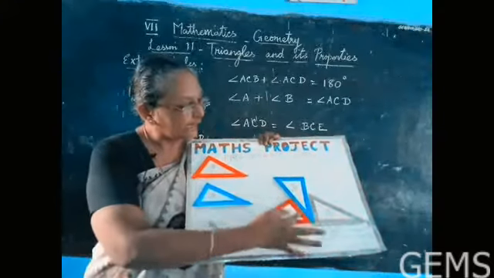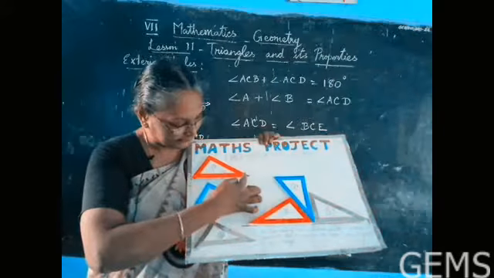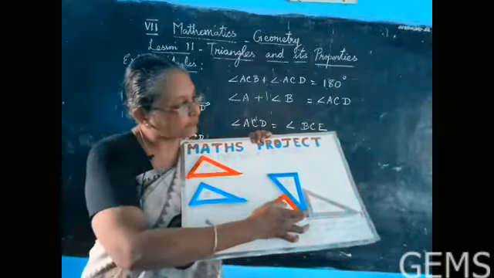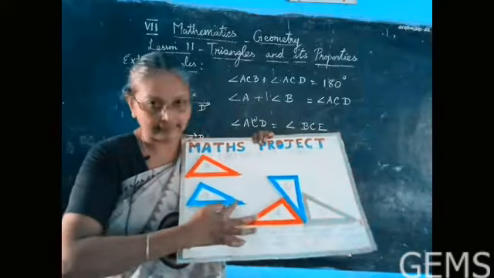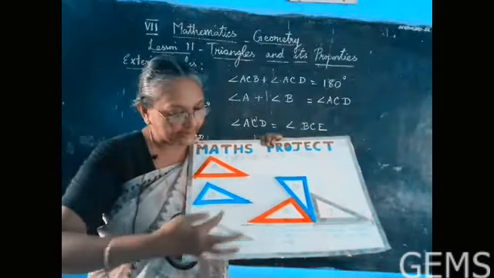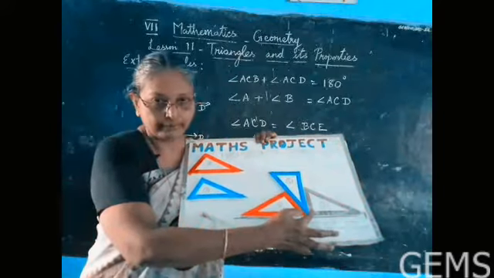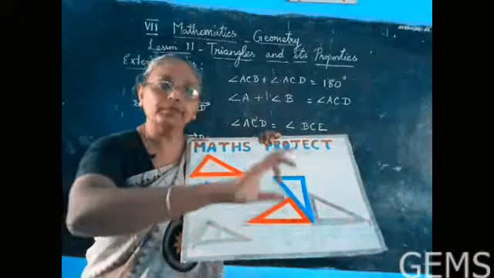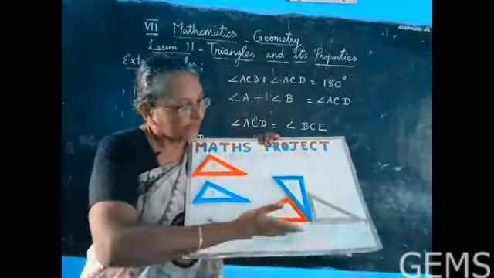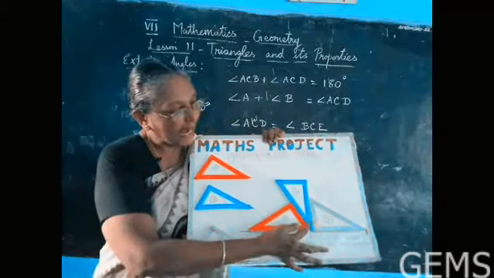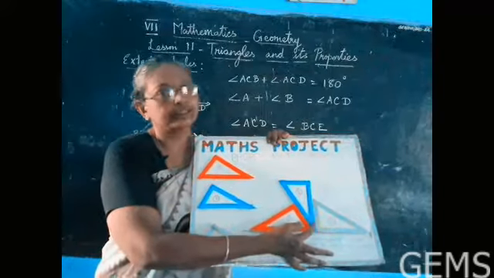The first triangle is pasted in such a way that this angle has come, and the second triangle has been pasted in such a way that this angle has come there, and the third triangle has been pasted in such a way that this angle has come there. So the three different angles lie adjacent to each other.